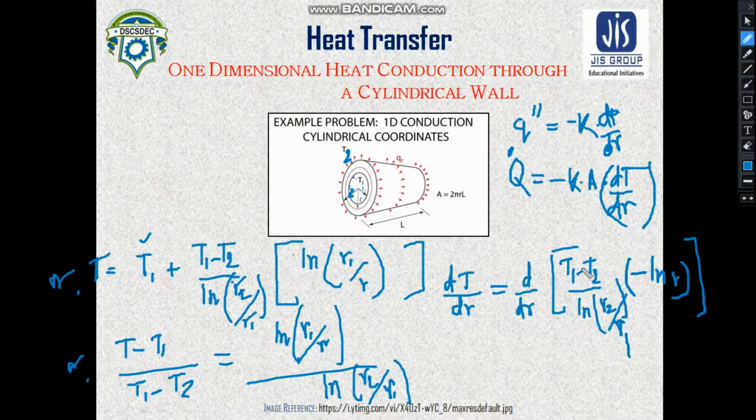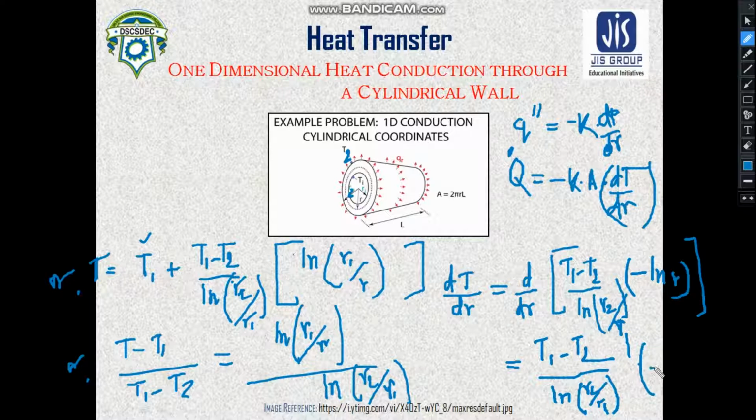So this part is constant, so there is nothing to worry about, and it will be (T1 minus T2) divided by ln of R2 by R1. If we do the differentiation of ln r, you know it is very simple, and the end result will be minus 1 by r.